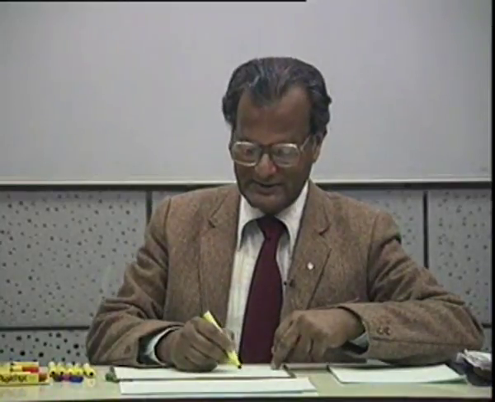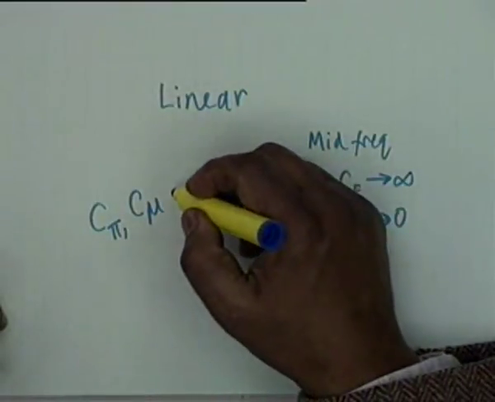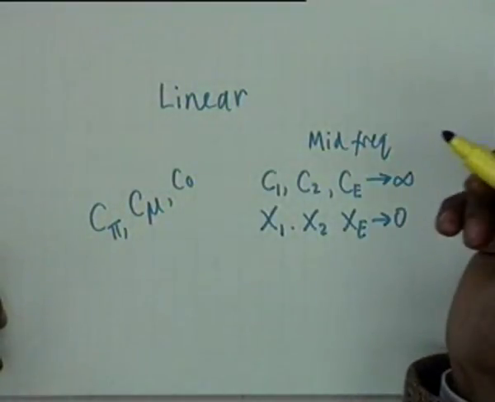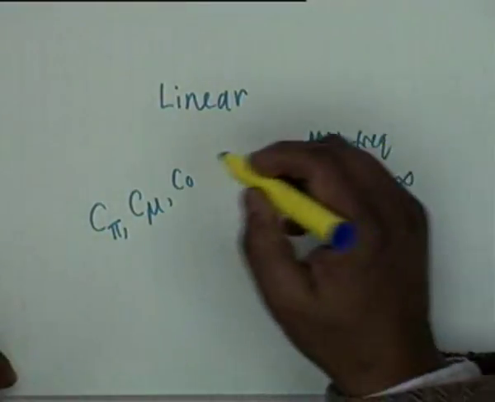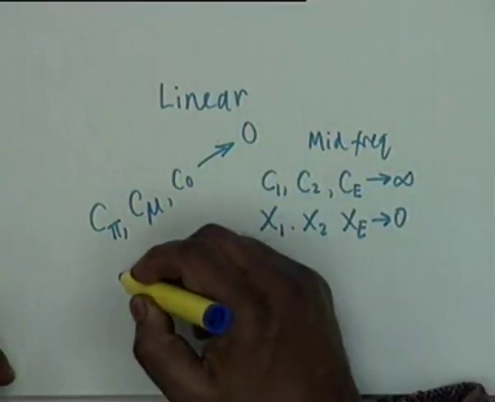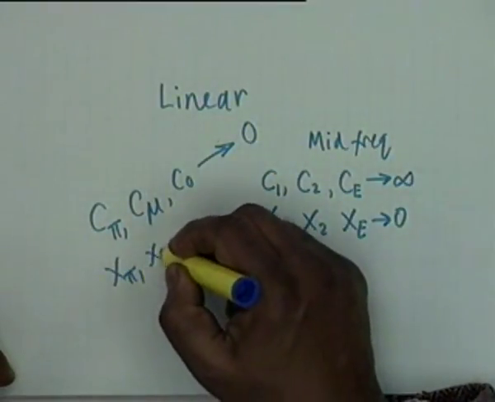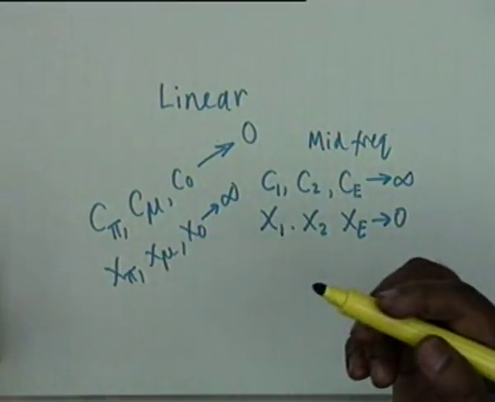All these capacitances, which we shall later call C pi, C mu, and there is also a capacitance C0 across the output. There are basically 3 capacitances that you have to take care of. We assume that at mid frequencies they tend to 0. In other words, their reactances X pi, X mu, X0 tend to infinity, so they can be ignored.